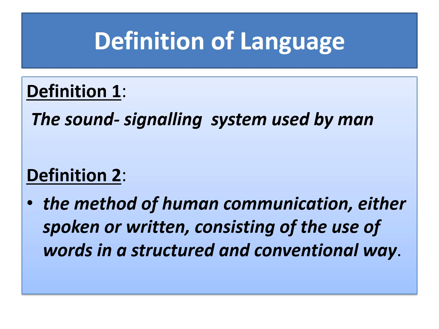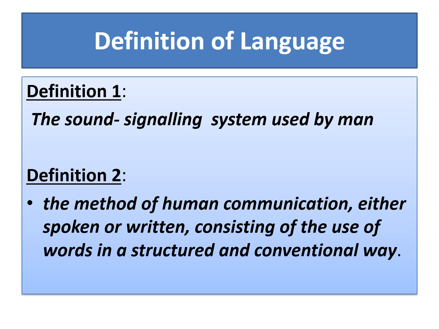The second definition is the method of human communication, either spoken or written, consisting of the use of words in a structured and conventional way. That is, now, whether we use this method in spoken or written form, it is the use of words, which is a combination of different sounds in a proper structure.